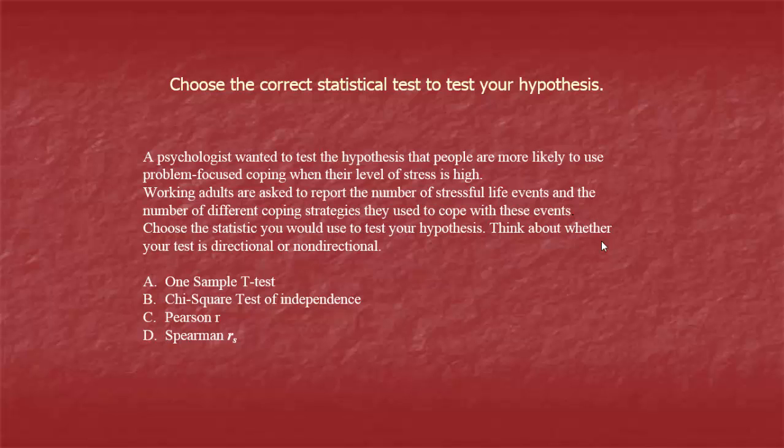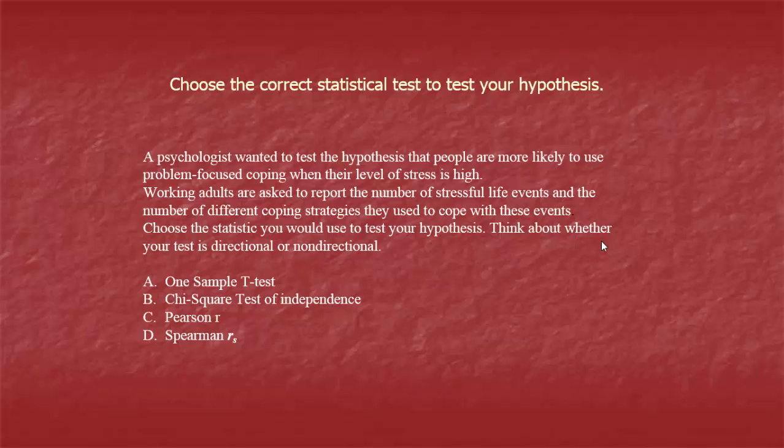A non-directional hypothesis would be, well, I think there's going to be a correlation, but I'm not sure if it'll be positive or negative, so we're kind of looking for both. Usually, if you have a good theory, you do have a directional hypothesis that makes a specific prediction. But again, back to our example.